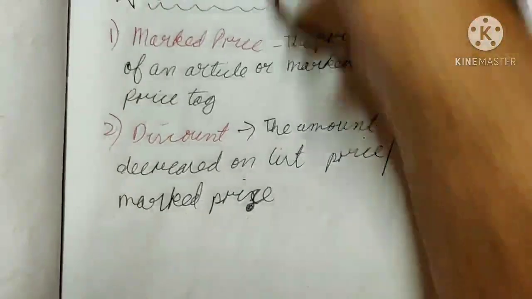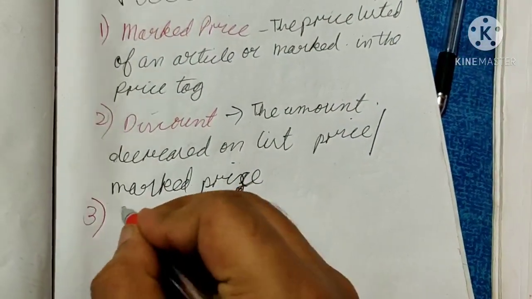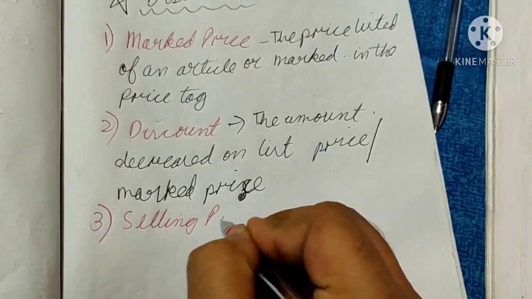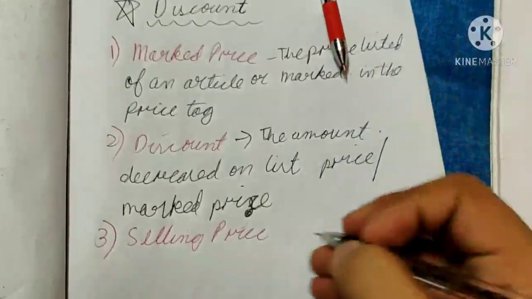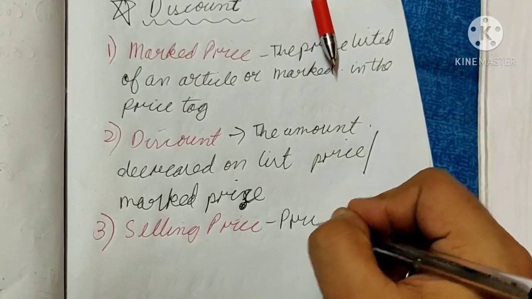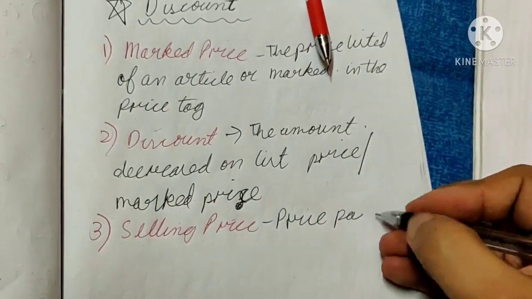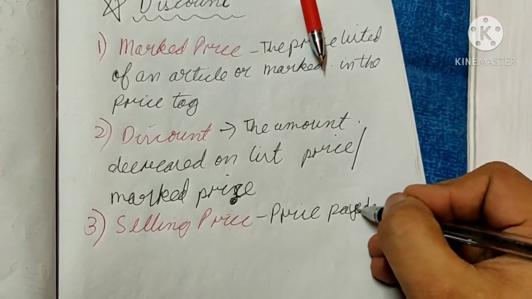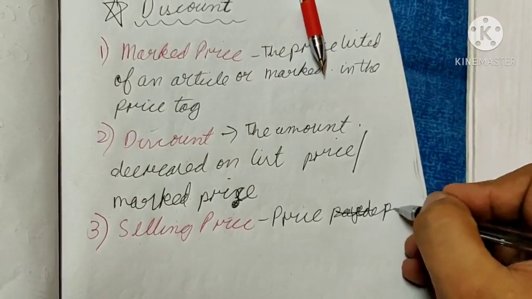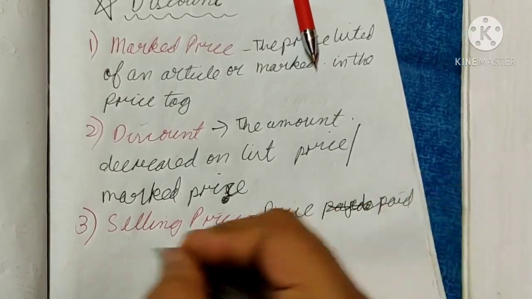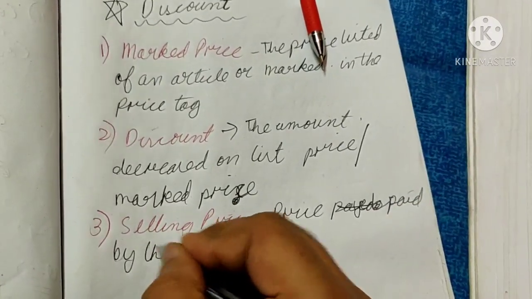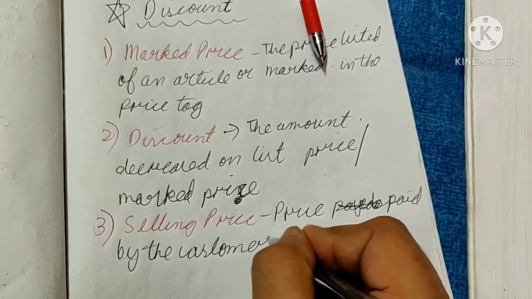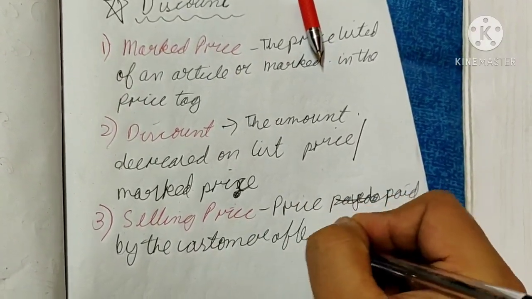And the third term here is SP, that is selling price. It is the price paid by the customer after discount.